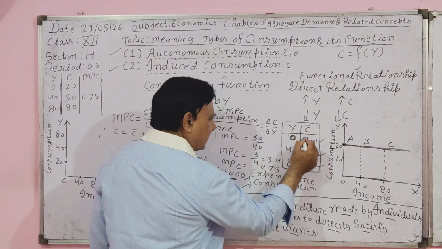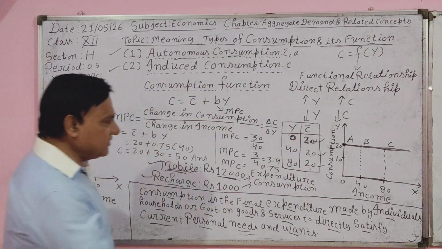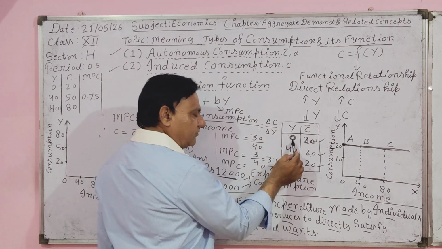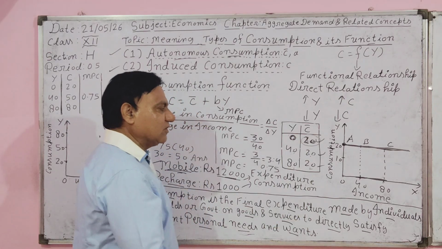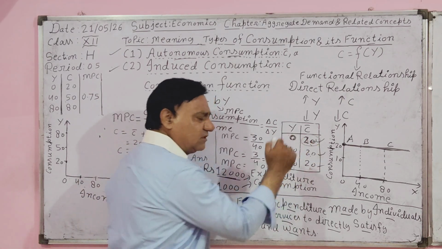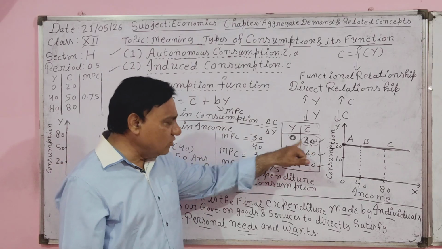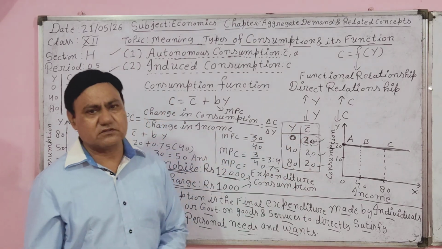In this consumption schedule, at zero level of income, our consumption is 20. So 20 is autonomous consumption. The consumption at zero level of income is also known as autonomous consumption.